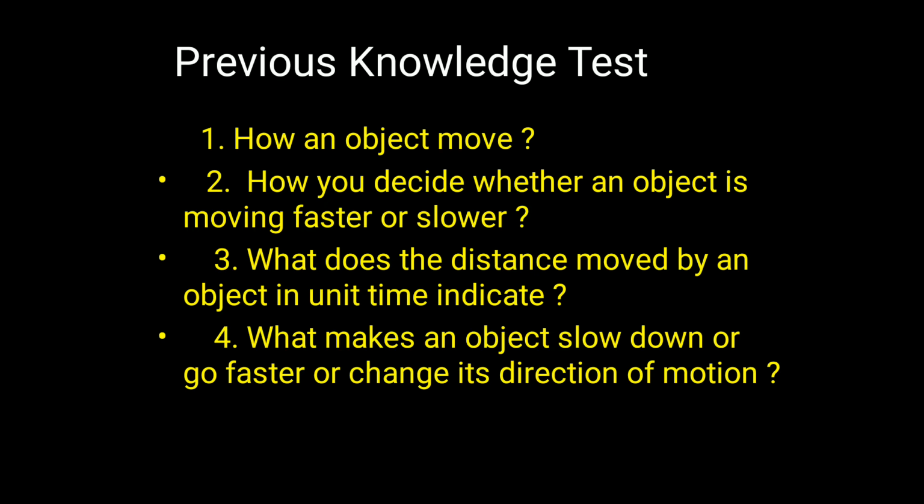Have you ever wondered what makes an object slow down or go faster or change its direction of motion? We often say that a force has been applied on a ball when it is kicked, pushed, thrown or flicked. Then what is this force? What can it do to the bodies on which it is applied?